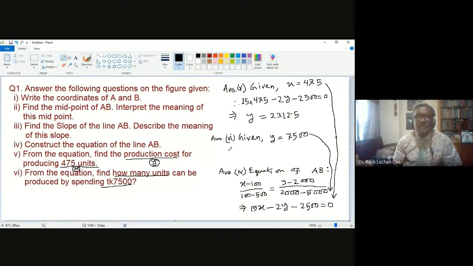It's very easy. So it is 15 into x, so you will find the x value, and then 2 into 7,500, and then minus 2,500, and then equal to 0. Find x. So that is all. So this is the last question. Okay. So take care.